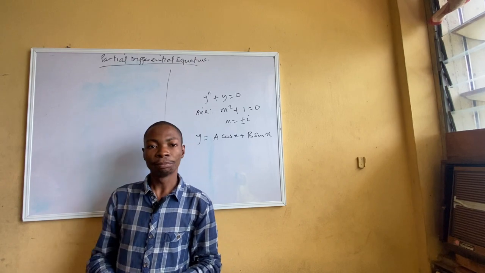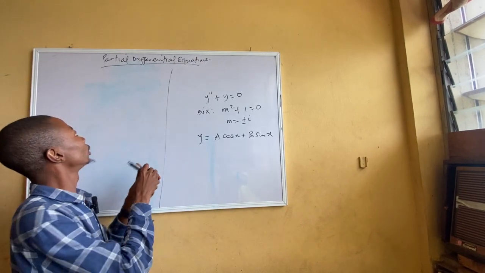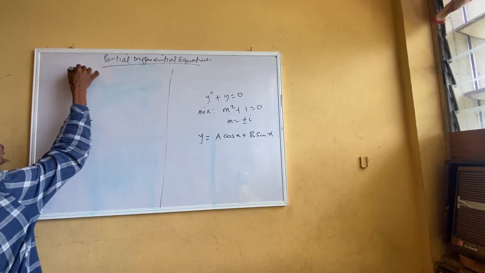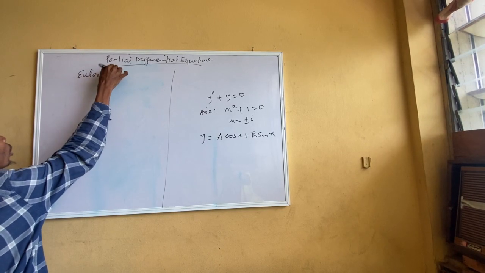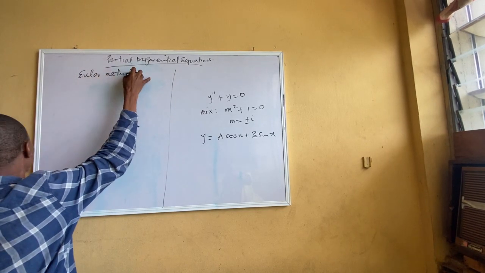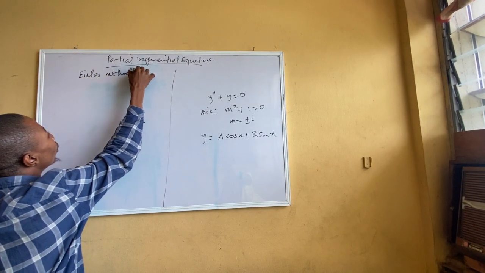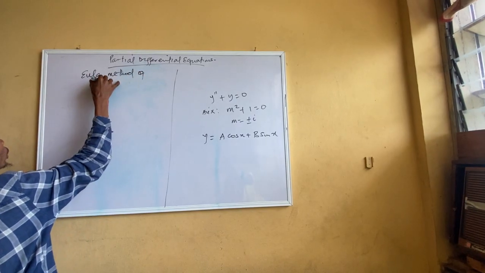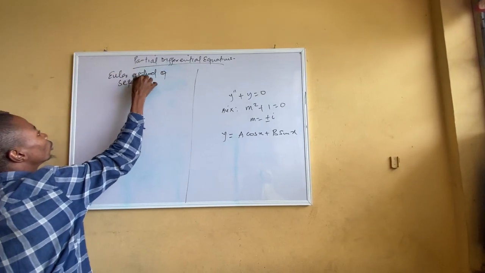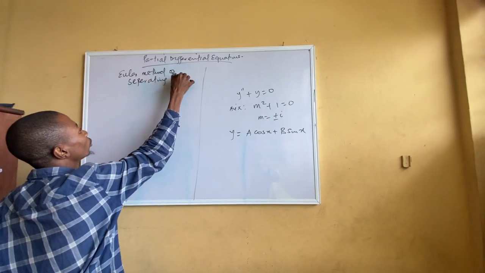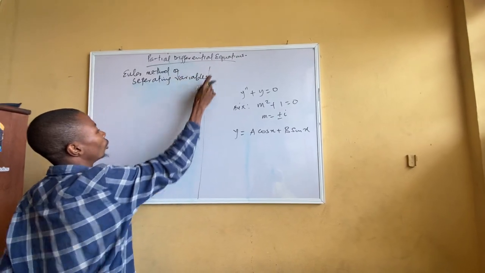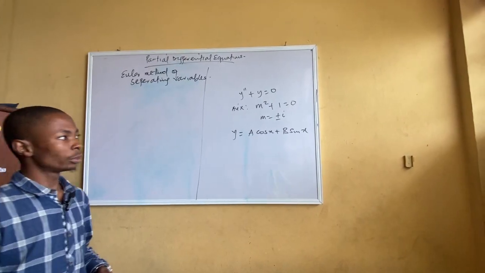So we are looking at the Euler method of separation of variables. What is separation of variables?